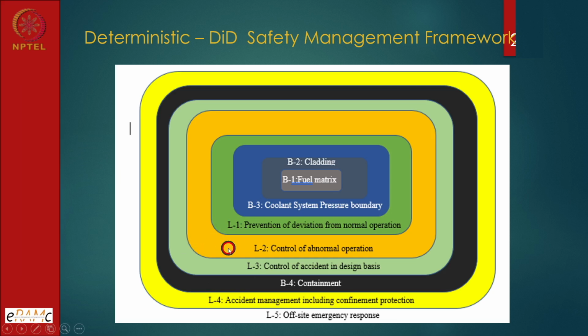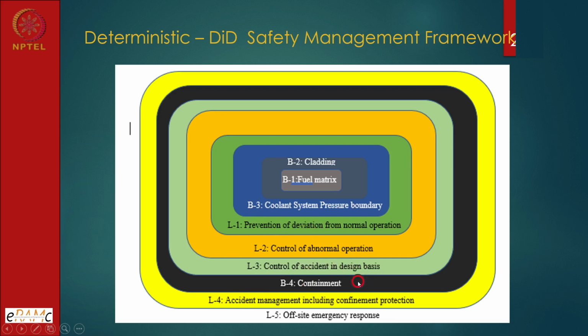Now given a control room scenario, the plant is operating, and how is level 1 implemented, how is level 2, that is to avoid the control of abnormal conditions. First is prevention of deviation to abnormal condition, then control of abnormal situation, and then control of accidents in design basis.